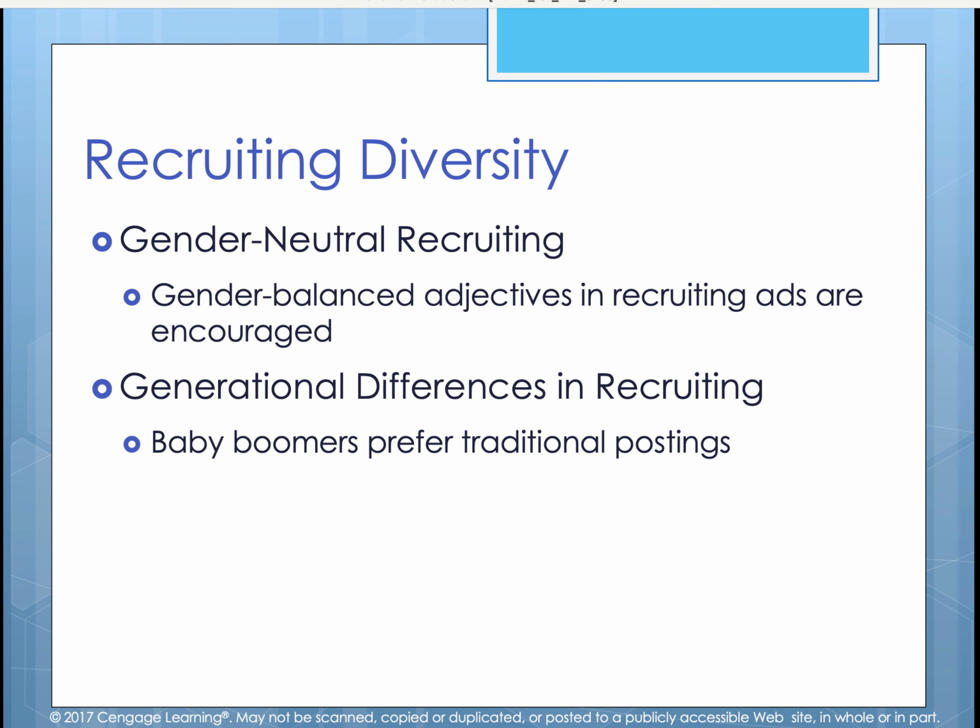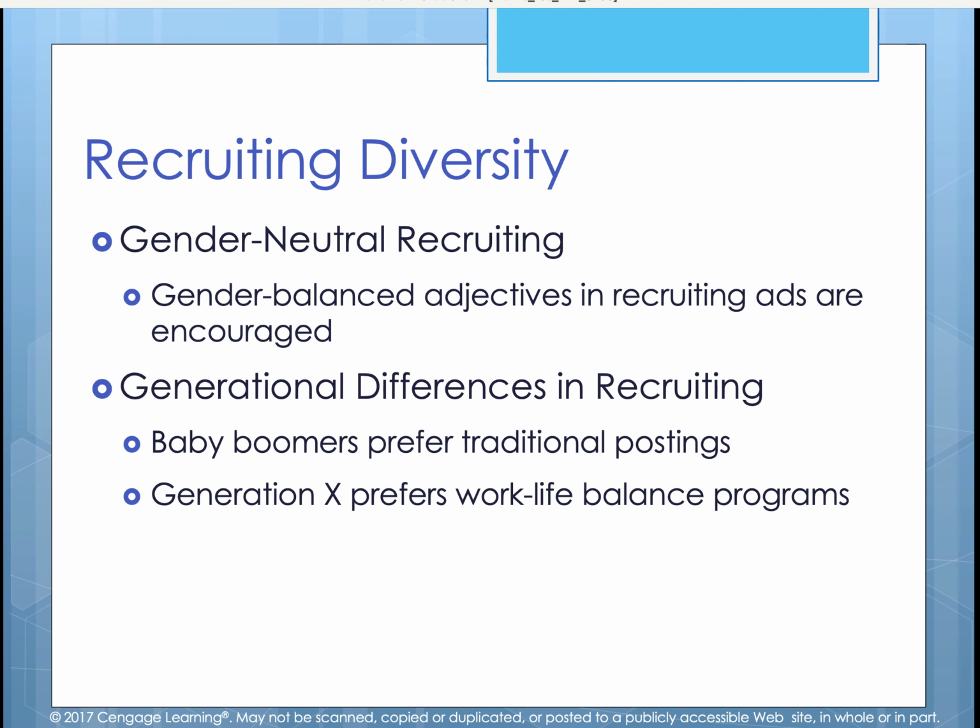There are some that are more hip and more open to other postings online. They may not necessarily be gravitating towards Facebook and Twitter, but they could be inclined to see things on LinkedIn. But for the most part, they prefer the traditional methods.